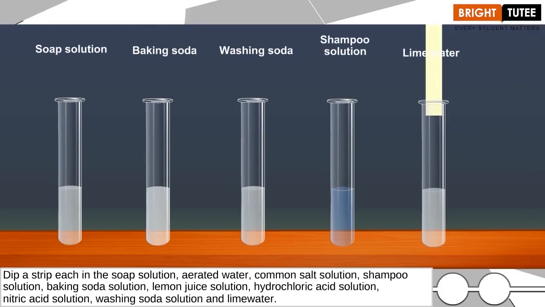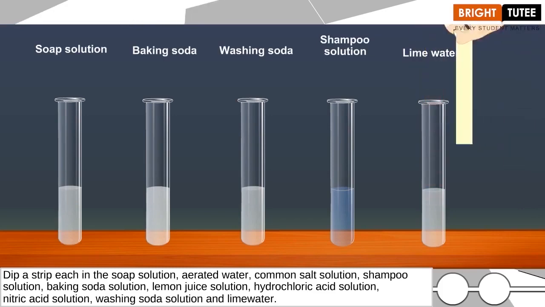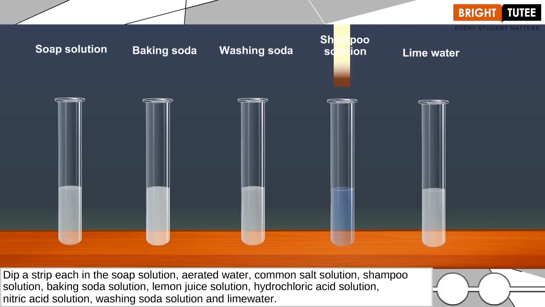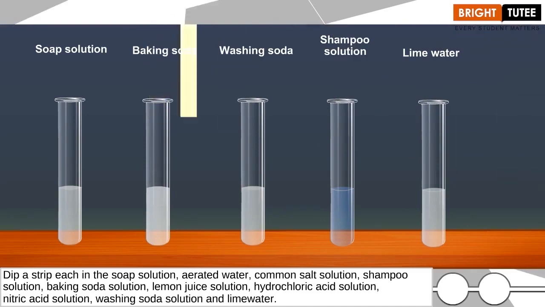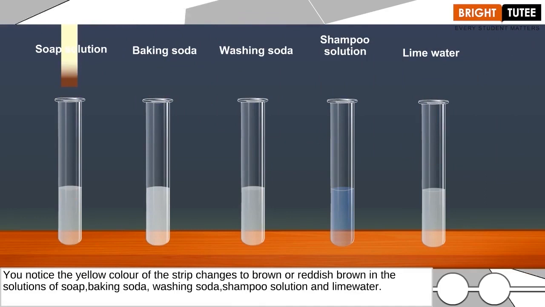Dip a strip each in the soap solution, aerated water, common salt solution, shampoo solution, baking soda solution, lemon juice solution, hydrochloric acid solution, nitric acid solution, washing soda solution, and lime water. You notice the yellow color of the strip changes to brown or reddish brown in the solutions of soap, baking soda, washing soda, shampoo solution, and lime water.